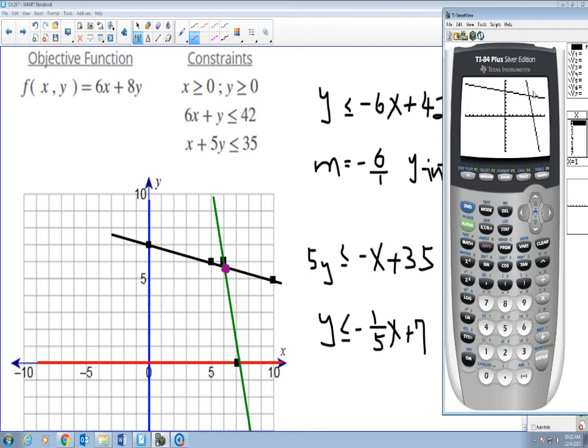Alright, to find the point of intersection in the graphing calculator, second calc, use number 5. Is that the first curve? Yes. Is that the second curve? Yes. Guess? Yes. That there.